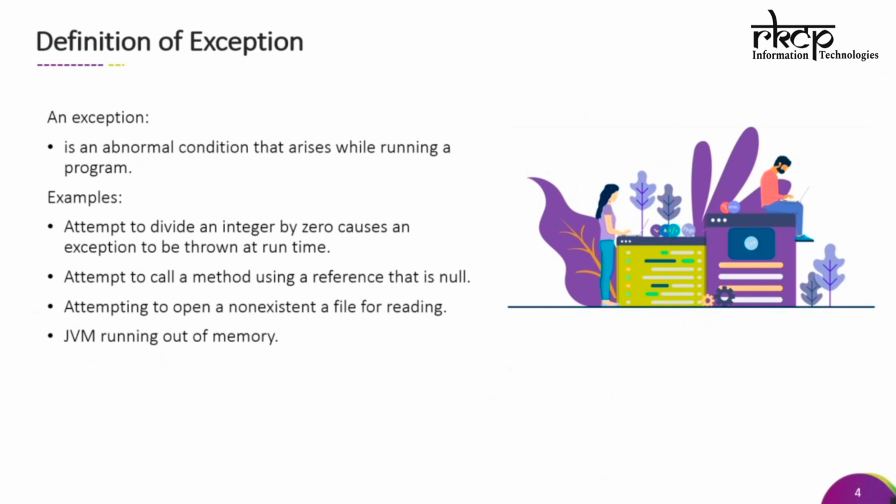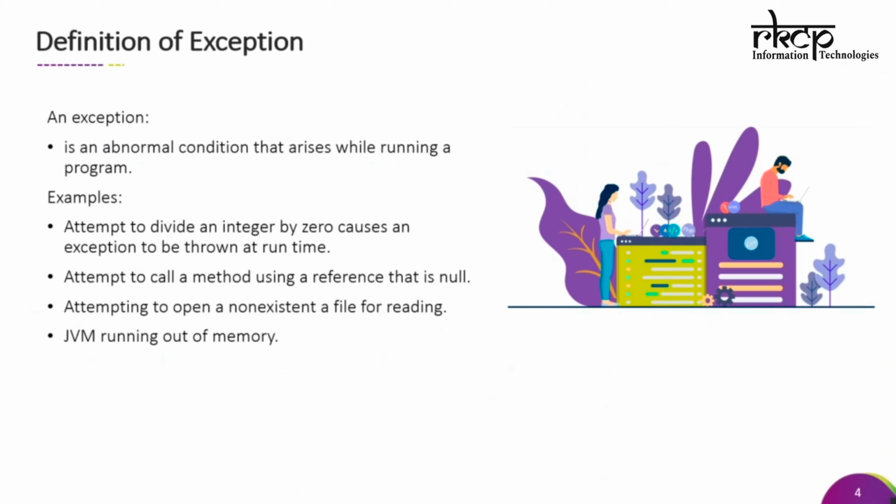For example, if you divide some number by 0, your system will not be able to understand. If your number is a decimal number and you divide by 0, the system will understand, okay, it is infinite. But if your number is an integer and you divide by 0, then the system will show abnormal behavior like a divide by 0 exception. In the same way, if you try to use a null reference, you are declaring a reference but not assigning the object, so it will show a null pointer exception.